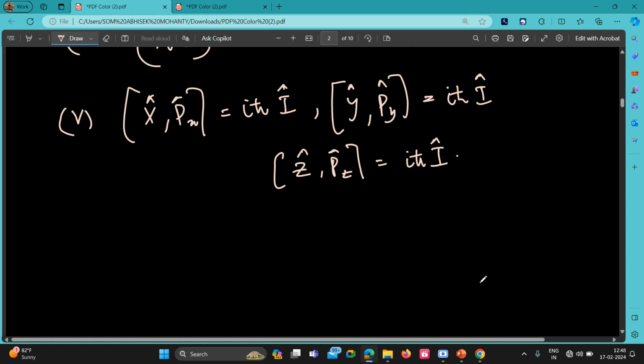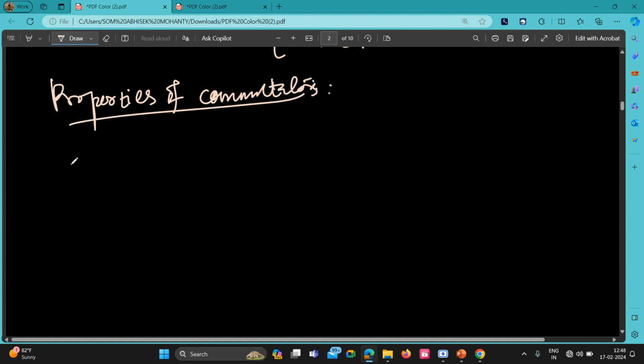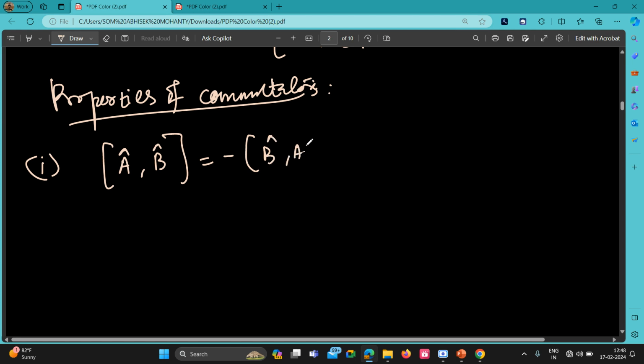Properties of commutators. What are the properties? If AB is equal to minus BA, this is called a property of antisymmetry.